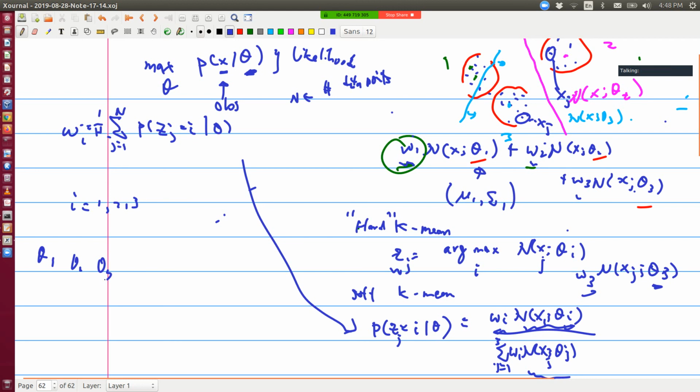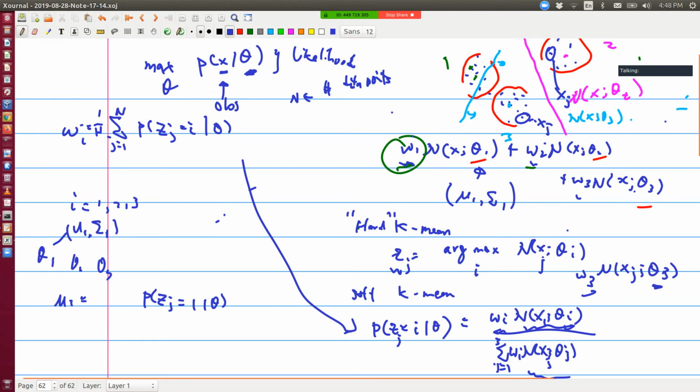Then the mean, for example mu1, will be equal to P(Cj equal to 1) given your current theta. But here there is no update of theta. No, here I'm updating theta now. Theta 1 includes mu1 and sigma 1, right? Oh yeah, that's right.